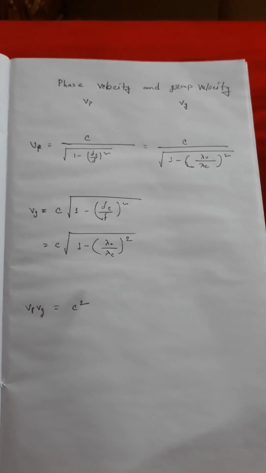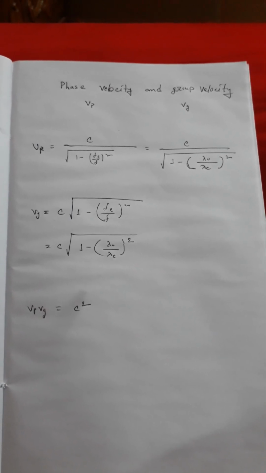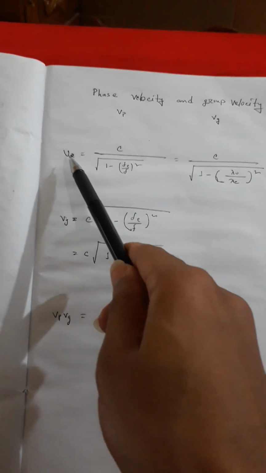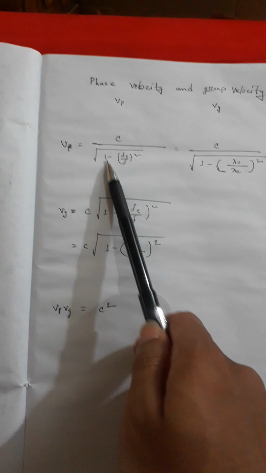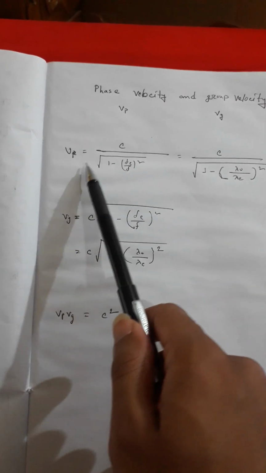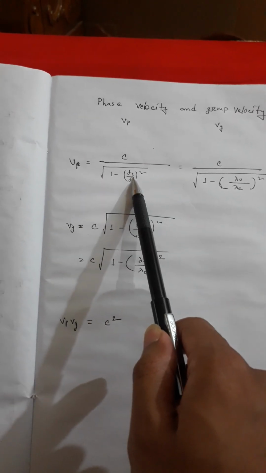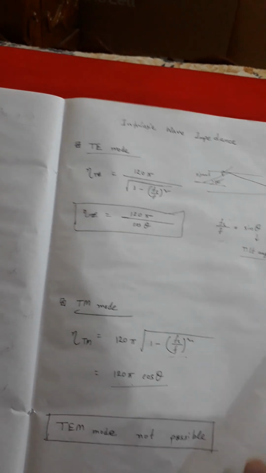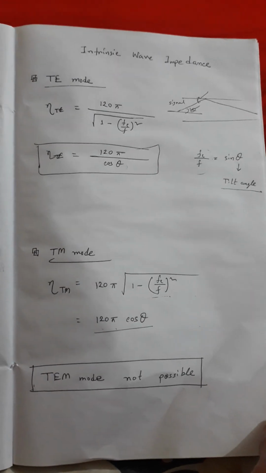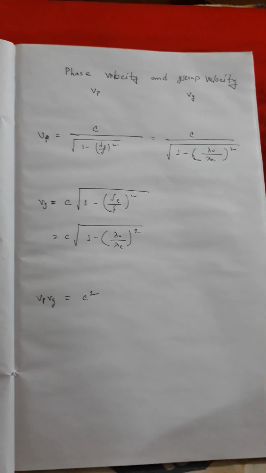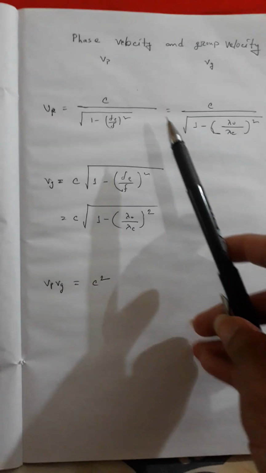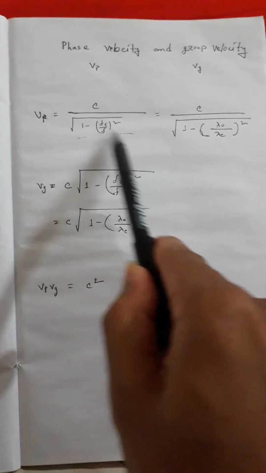The V comes from velocity, and as it's the phase velocity, here we write Vp. Vp is equal to c divided by the square root of 1 minus (fc divided by f) whole square. Similarly to the 120 pi divided by the square root of 1 minus (fc by f) whole square, here the difference is c divided by. So we can replace this.